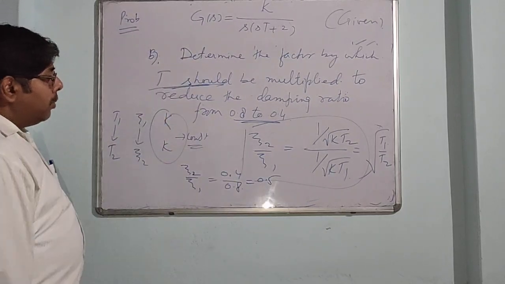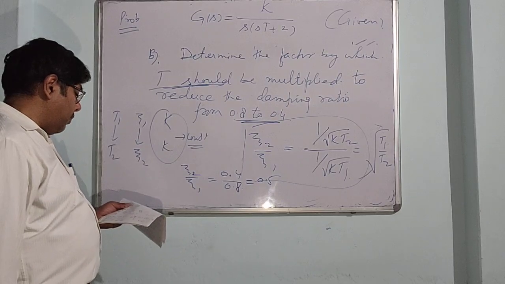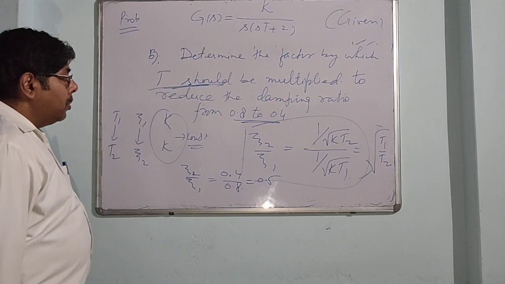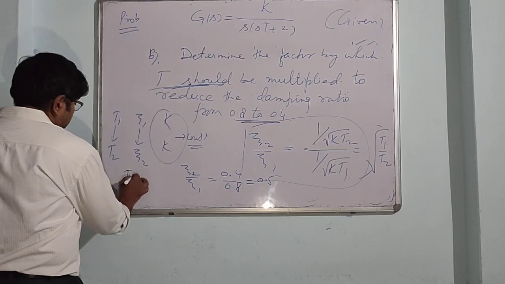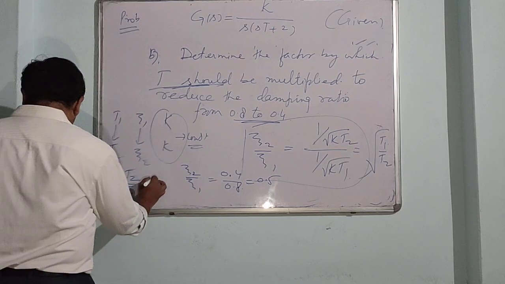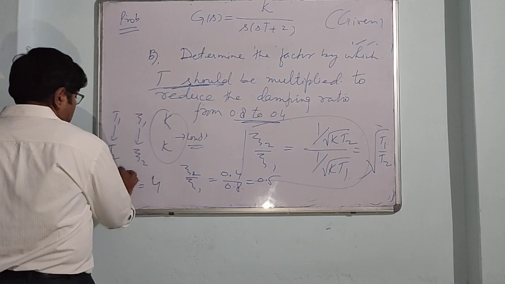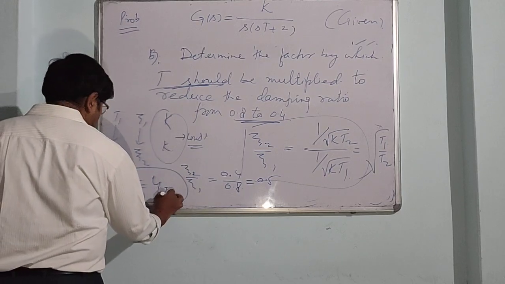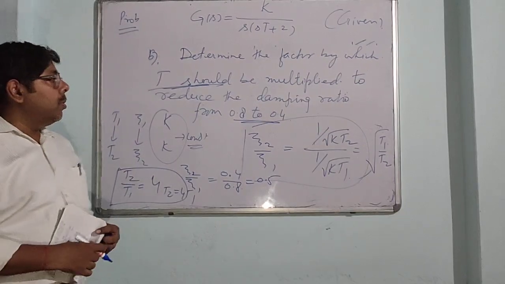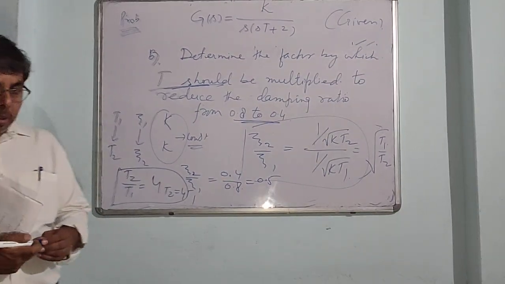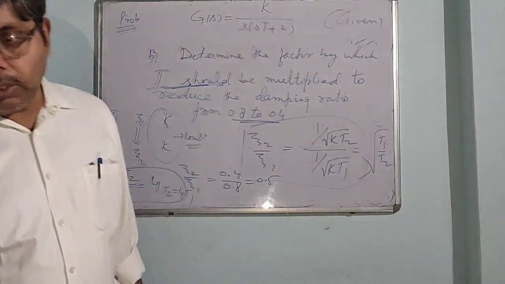So under root T1 upon T2 is 0.5. So you can get T2 upon T1 equals 4. So T2 equals 4 times T. So this is all about the third unit.